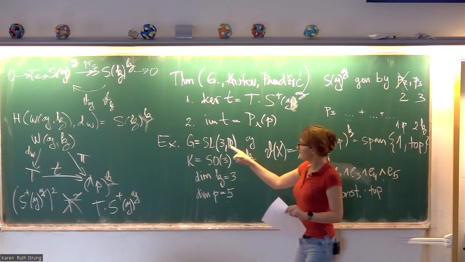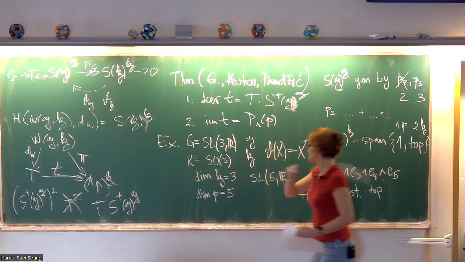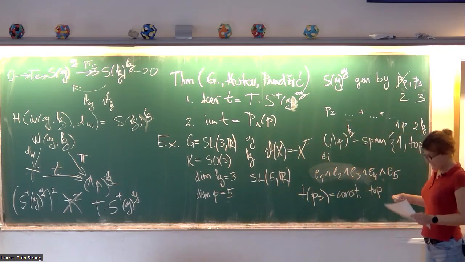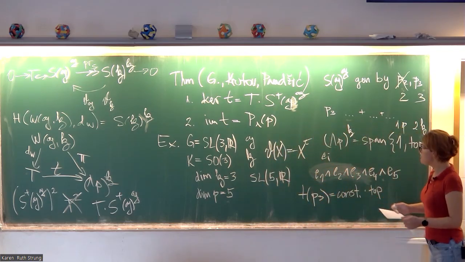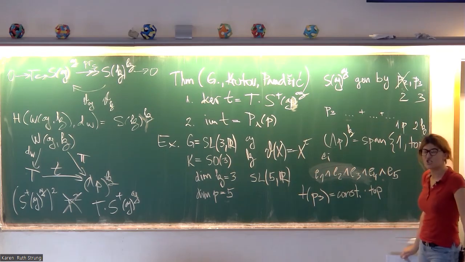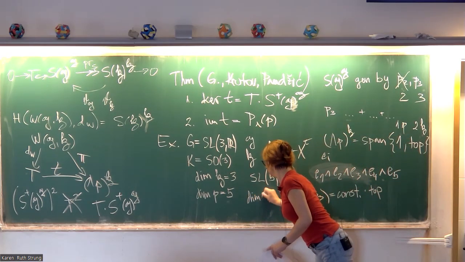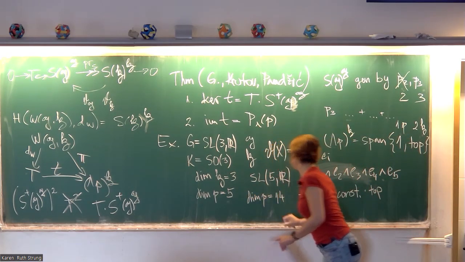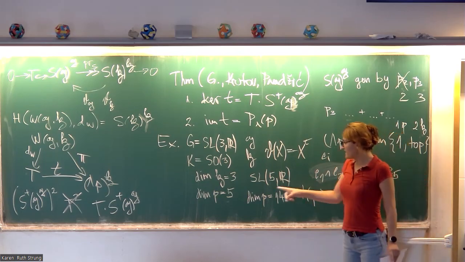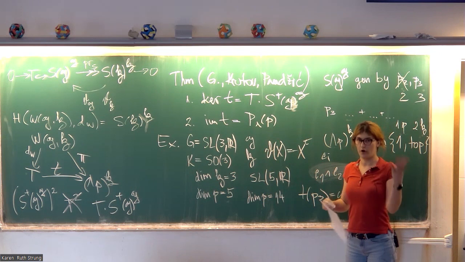So why is this not always a primitive invariant? Let's take the next case, SL5. Here P will have dimension 14, and the K-invariant part of lambda P will have dimension 4.